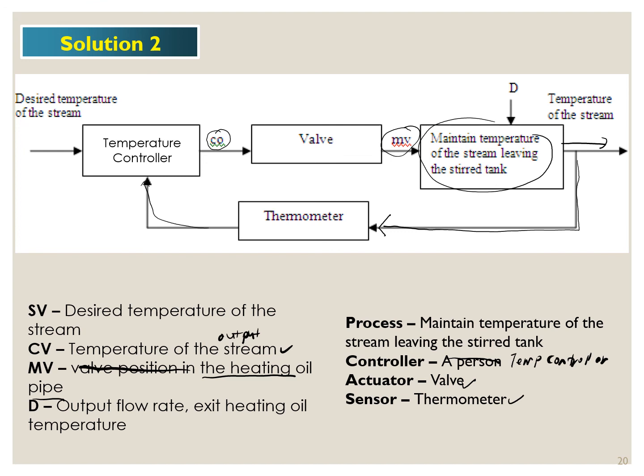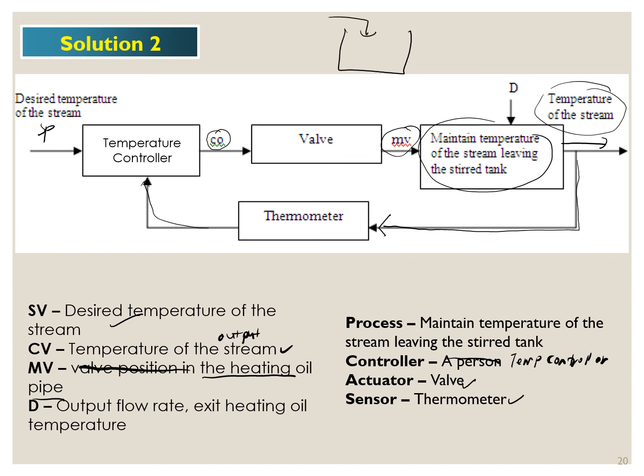Now, what is left is our set point. Our set point would be the desired temperature of this stream. So the disturbance can be our output flow rate, or our exit heating oil temperature. Like what I said before, normally for the tank we have input, output, and heating.